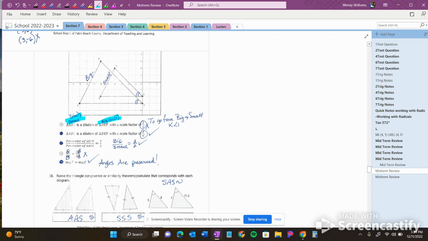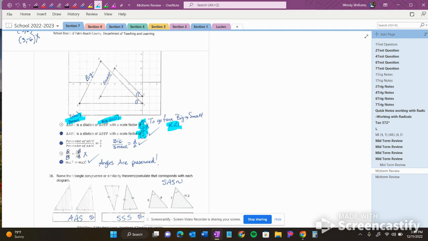So in order to get the big one to the small one, you would not go with a scale factor that makes it bigger. You need a scale factor that's less than 1. ABC is a dilation of DEF, which would be a scale factor that is less than 1, 2/3. That would work.